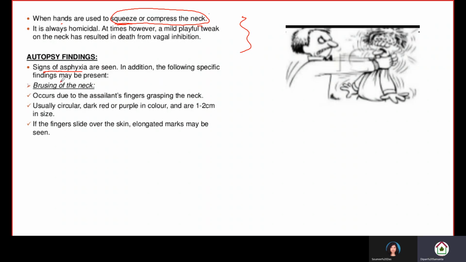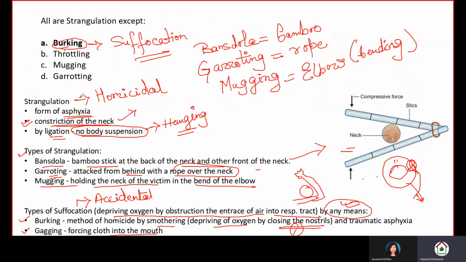That is bruising of the neck. In strangulation, as neck constriction is done, there will be bruising present, because the force applied for constriction of the neck is quite large.